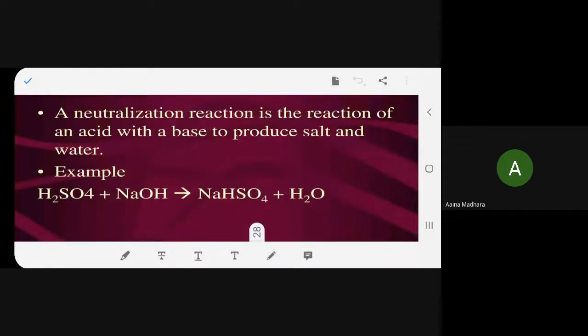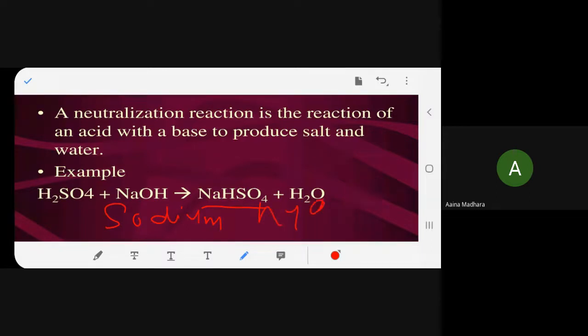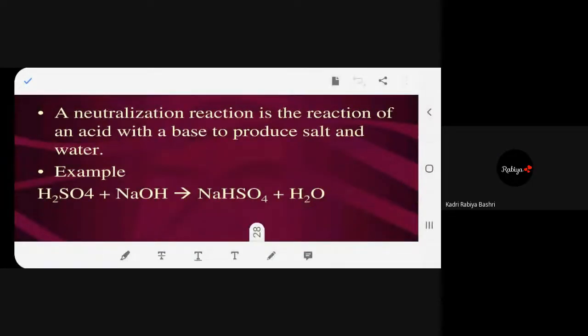This is sodium hydrogen sulfate or sodium bisulfate. And what else is liberated? Water, plus heat. Is this clear? Has neutralization become simple now?